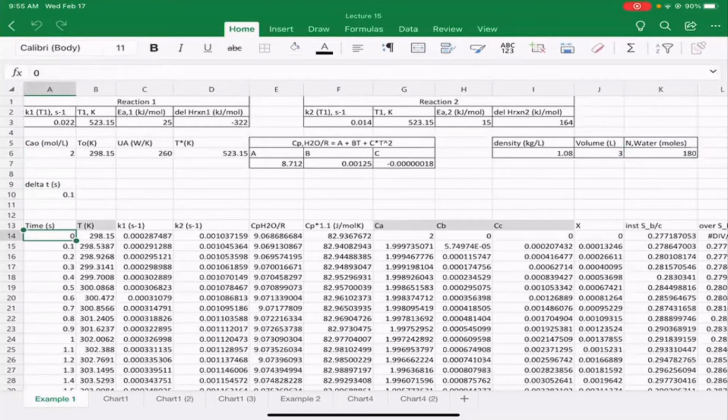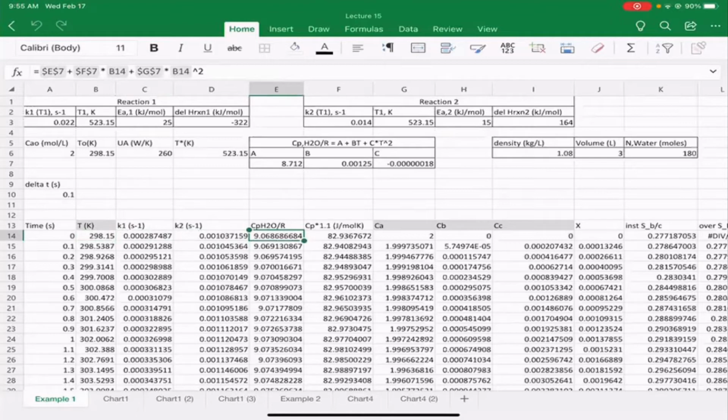And then you'll notice that just like in lecture 14, when I showed you the Excel file for a non-isothermal problem, I essentially always have the temperature equation come next, because so many things are going to vary with temperature. In this particular problem, K1, K2, the heat capacity, these things all change with the temperature.